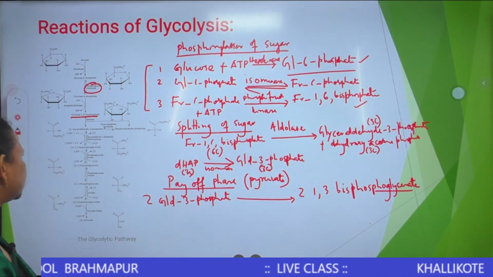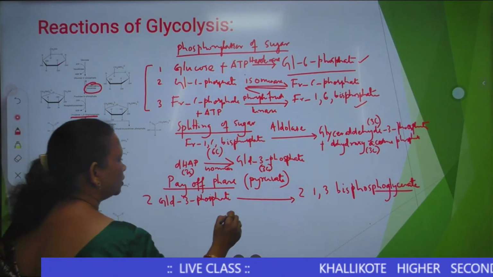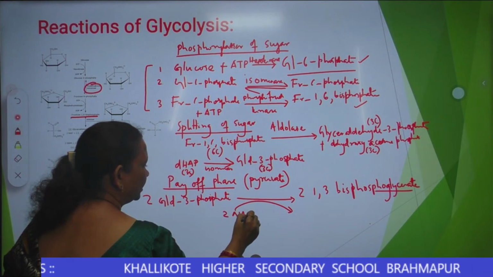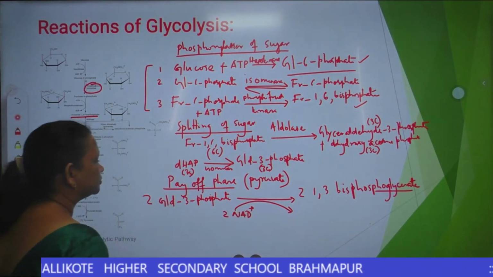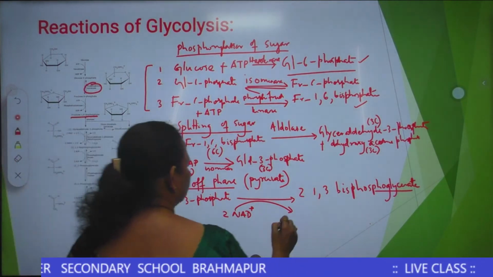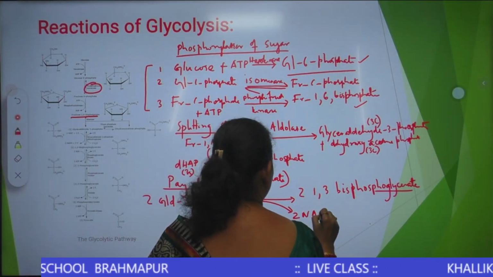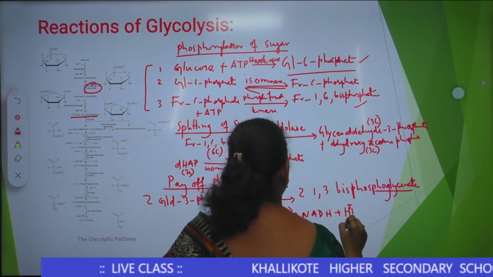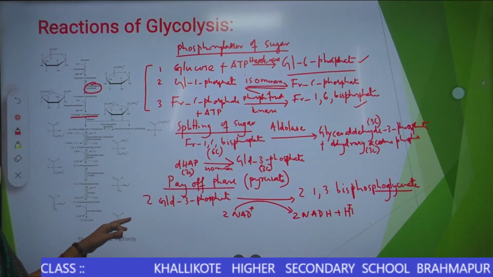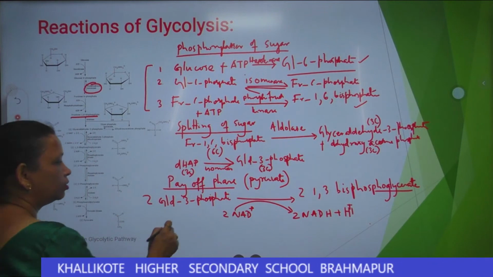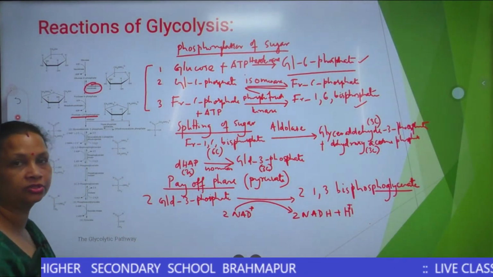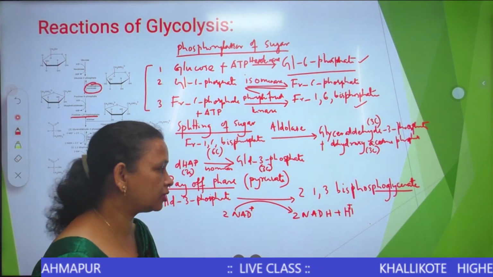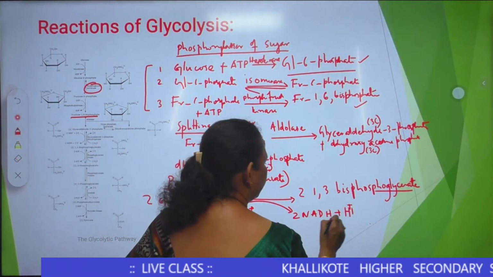So what are the changes that occur? 2 NAD plus will get converted to 2 NADH plus H plus. So 2 glyceraldehyde 3-phosphate are now losing hydrogen and this hydrogen is accepted by NAD, that is nicotinamide adenine dinucleotide, and it is getting reduced.